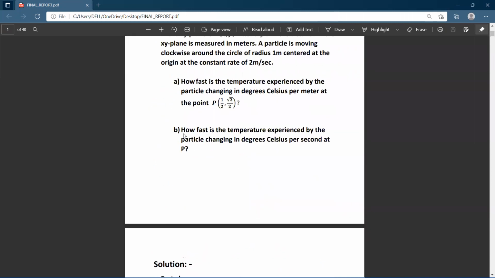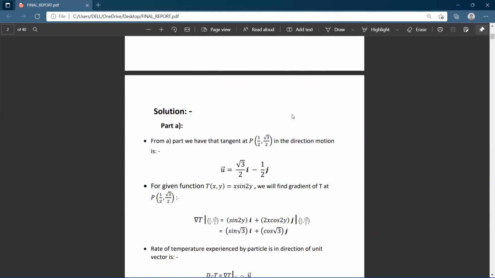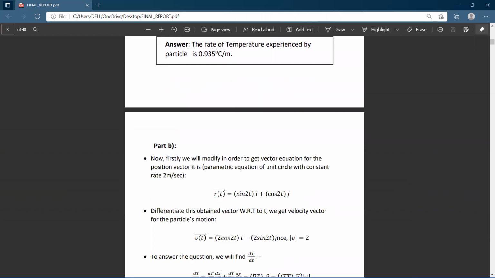Now part B. How fast is the temperature experienced by the particle changing, in degrees Celsius per second, at point P? In the question, the particle is moving around the unit circle at the rate of 2 meters per second.